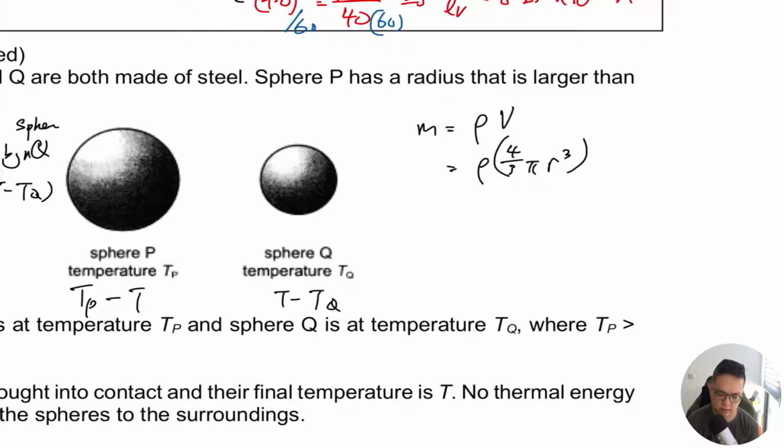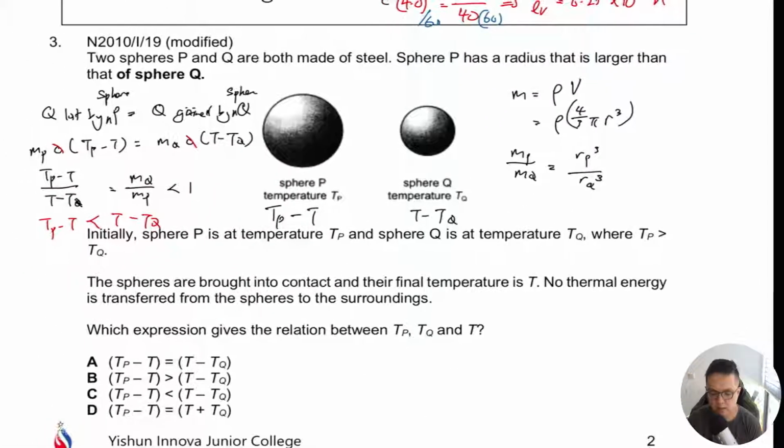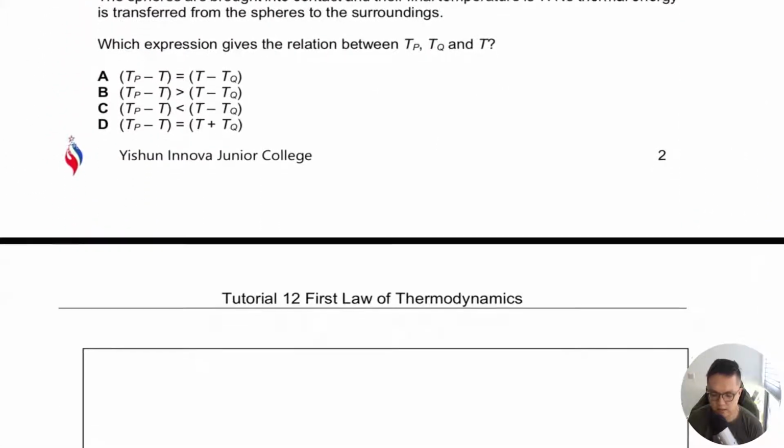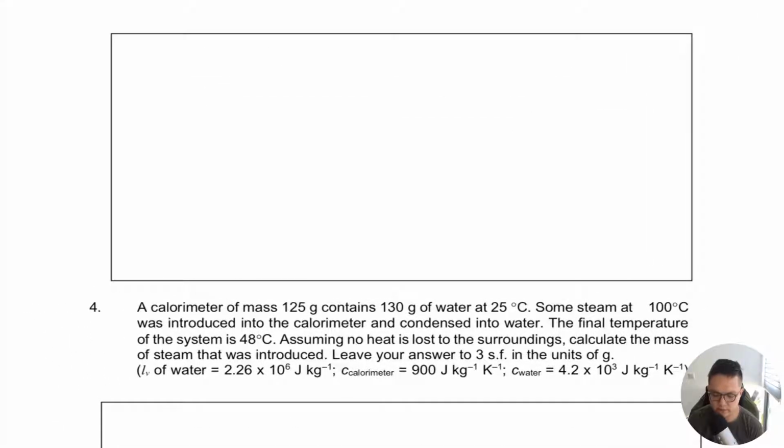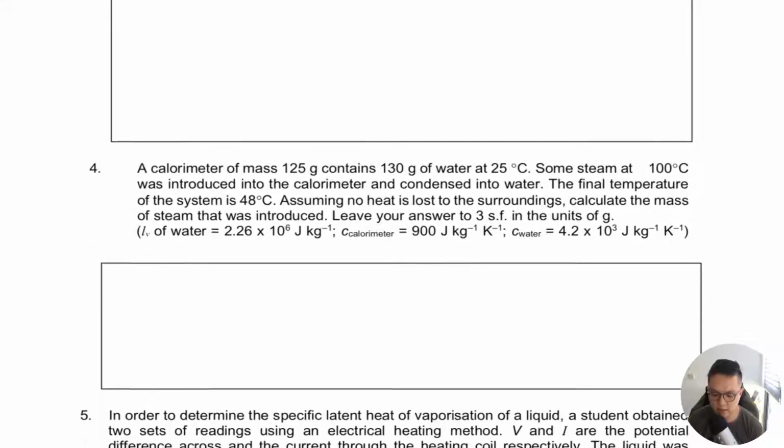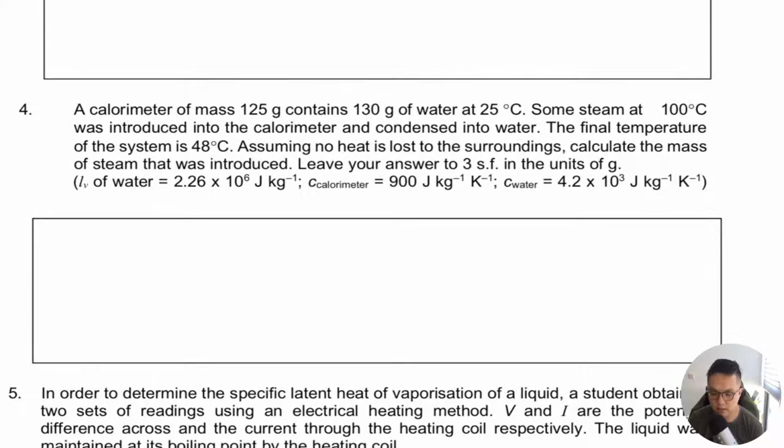So you realize that the ratio of MP to MQ is just RP cubed over RQ cubed. You can do that if you want to, but otherwise there's no real need to, because it's the same shape. All right, so this is question 3. Question 4.